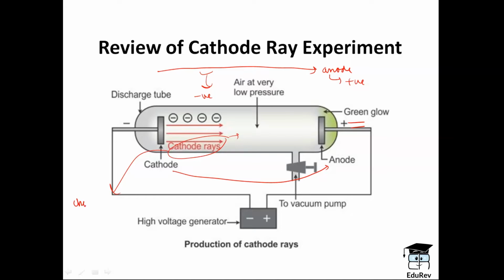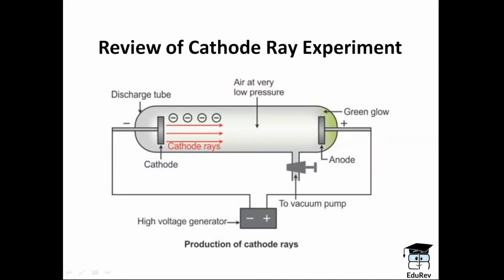Later, characteristics of these cathode rays were established. Some of them were: cathode rays traveled in a straight line, and cathode rays were deflected by electric and magnetic fields.